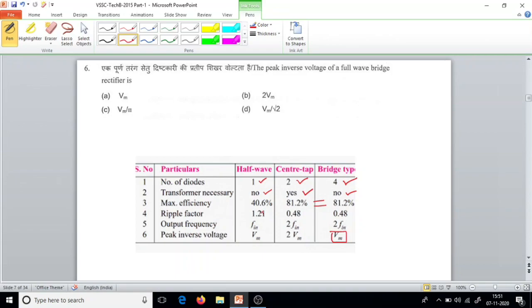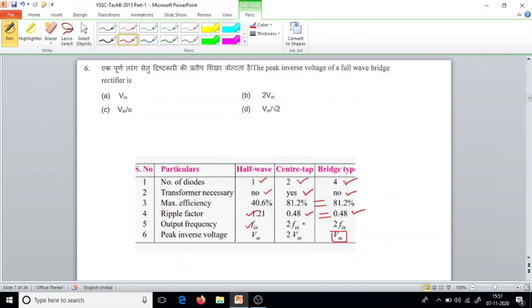What is the ripple factor in a full wave rectifier? Ripple factor is less, just 0.48, which is also equal for center tap as well as full wave bridge. The ripple factor of half wave is higher than 1, that is 1.21. Output frequency. For a half wave rectifier, output frequency is whatever the input frequency.